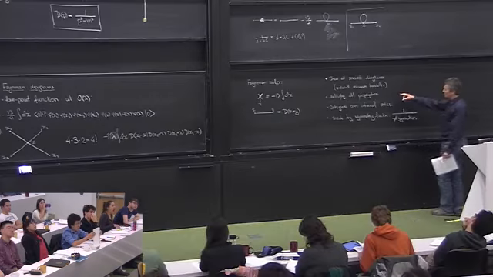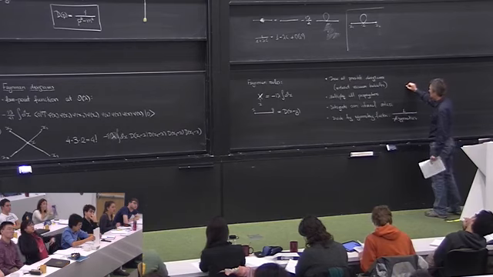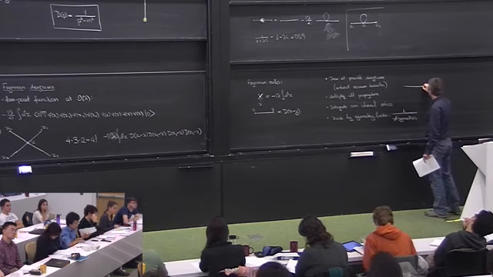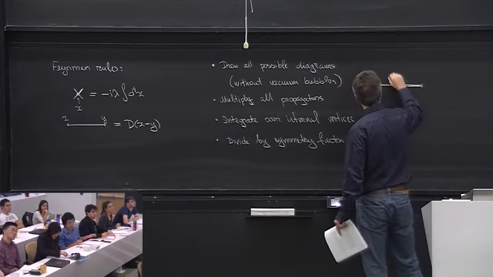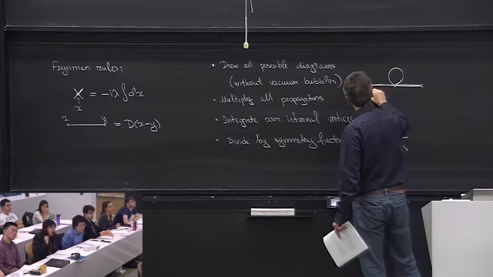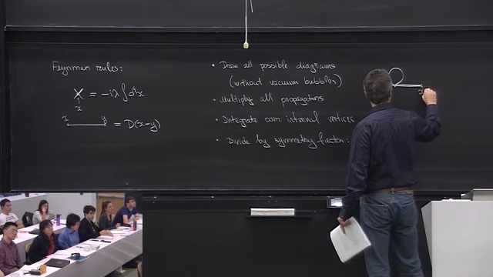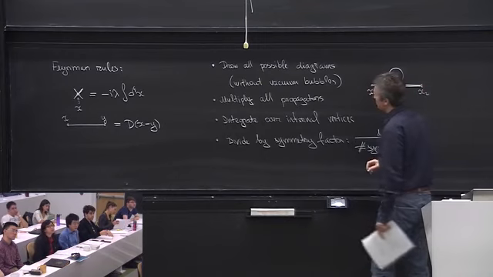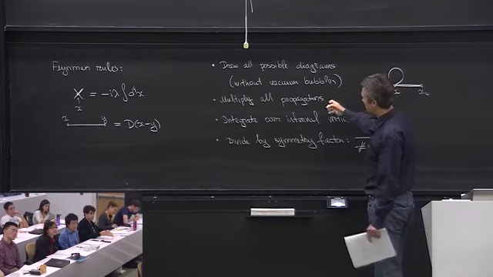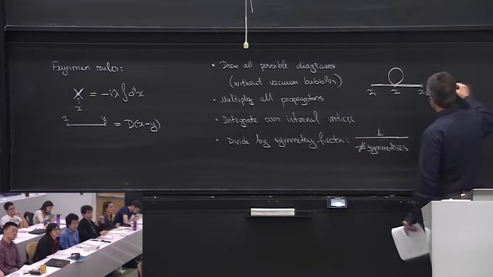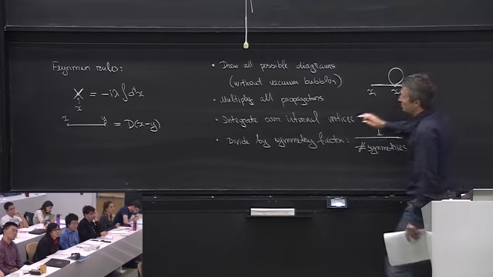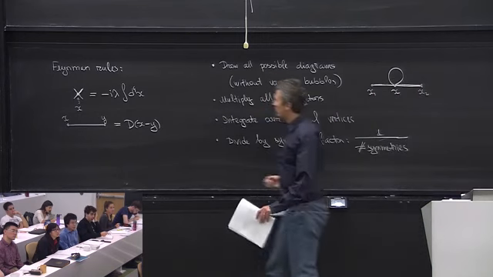Actually, let me do it here so that you see this rule. First of all, we draw all possible diagrams. One of the diagrams will be this one. Then we should multiply all propagators. Actually, we should multiply both vertices and propagators.